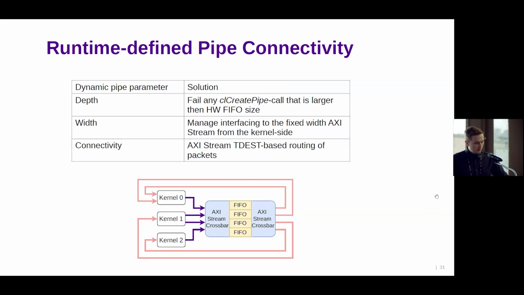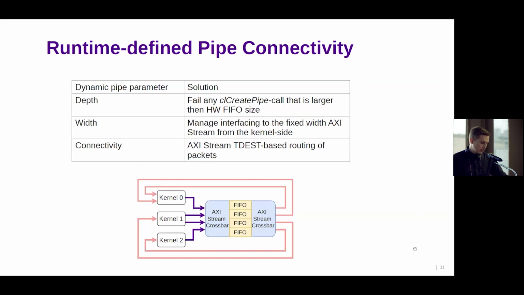We used this AXI stream side channel called TDEST, which is basically just the ID saying in which direction this should go. In this case, with 4 pipes, it would be of size 2: 2 bits of side channel information that gets passed through with the data. And you can then dynamically route this together.